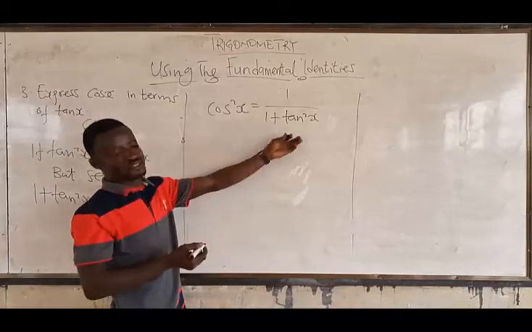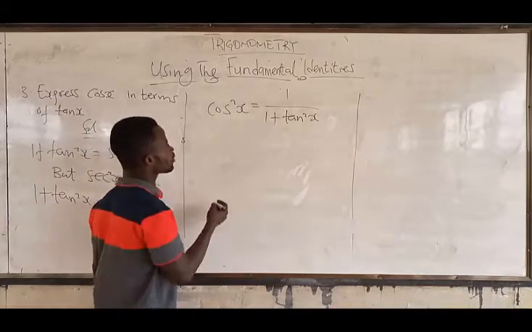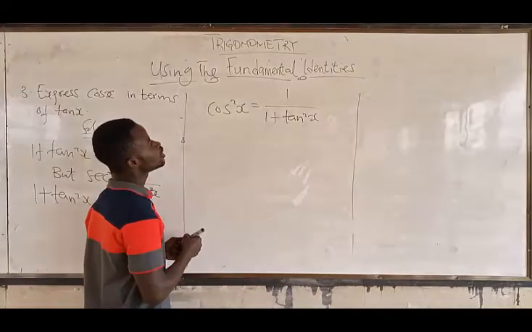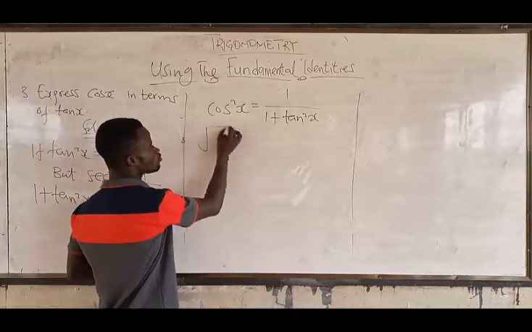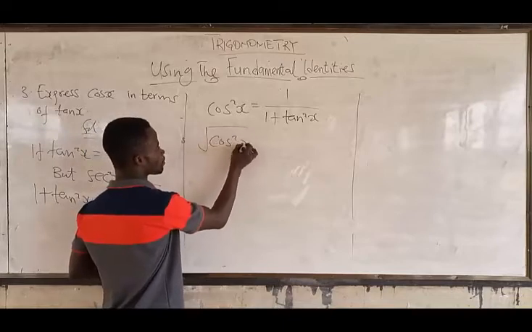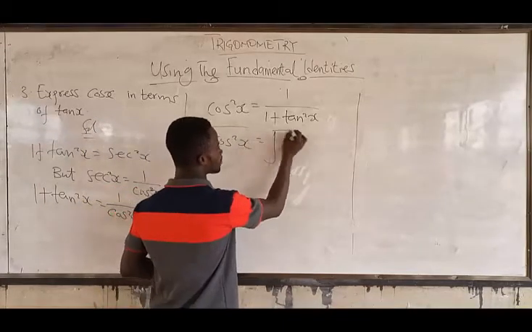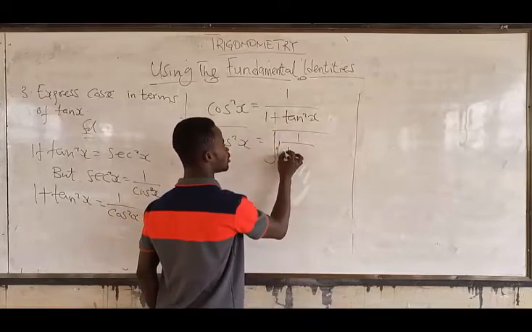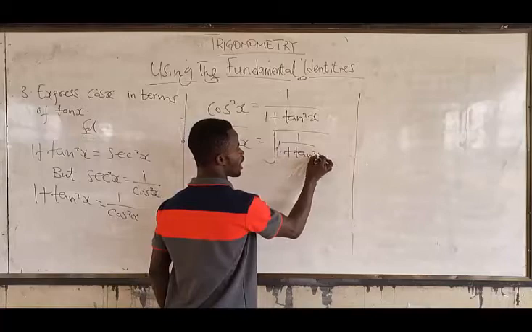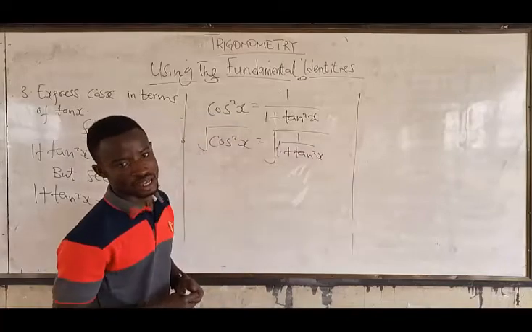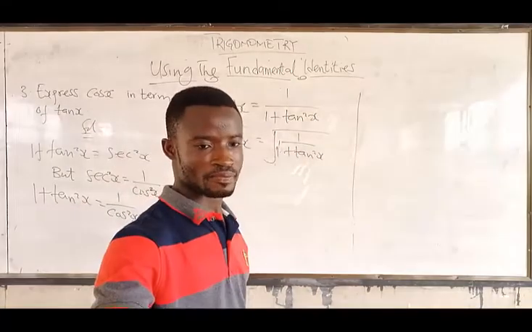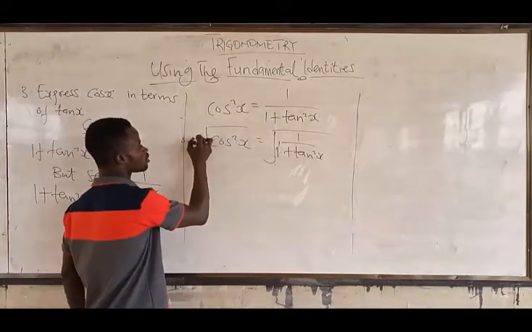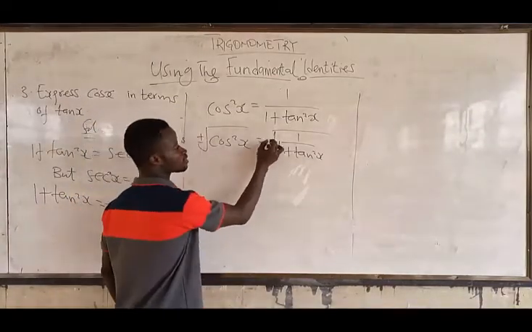Or you can write tan square x plus 1. It's also correct. So for us to get only cos to stand alone, we take the square root of both sides. And as a mathematician, anytime you take a square root, don't forget to bring plus or minus.